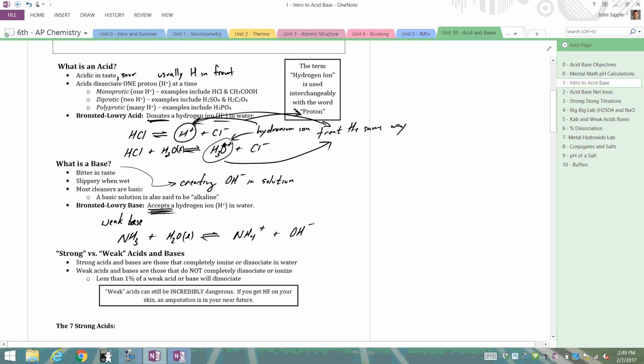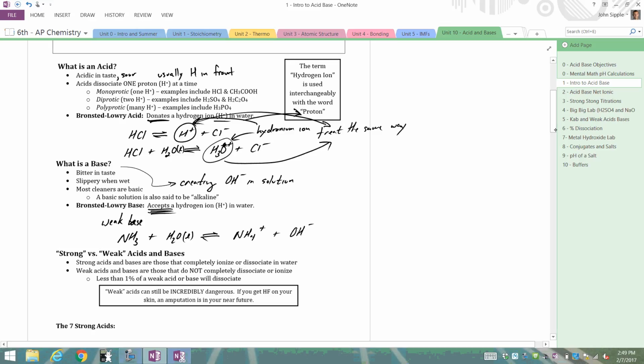Something you're familiar with, like sodium hydroxide, you know that's basic. Because it's a strong base, it makes OH minuses in solution. Well, weak bases do the same thing, and they do that by accepting a proton from water, H plus.